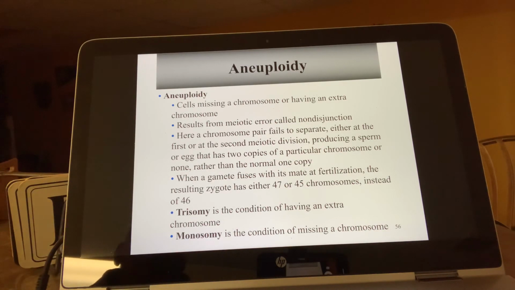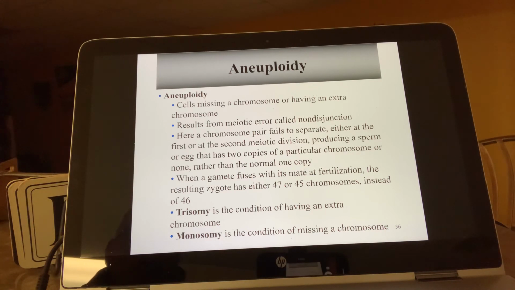Aneuploidy, however, is a condition in which instead of having a complete increase or decrease in the entire number of chromosomes, there is an increase or decrease in one chromosome. Remember, you have 46, but if an abnormality occurs during meiosis in one of those chromosomes, you can end up with an extra chromosome or a decreased number of chromosomes.